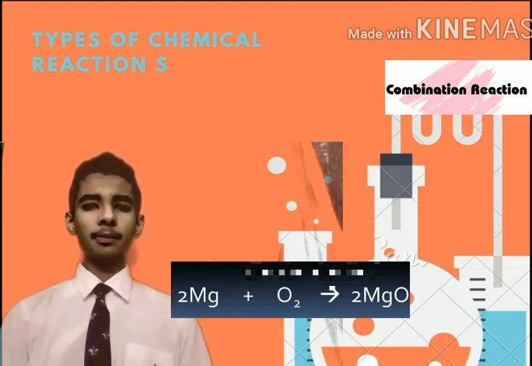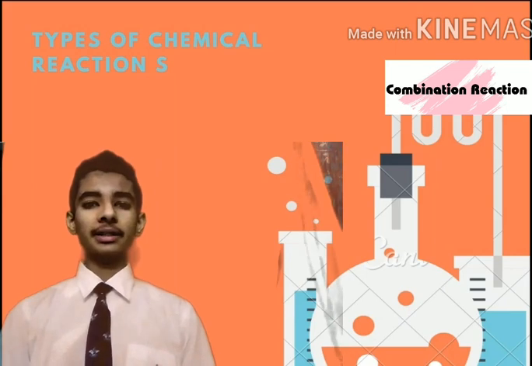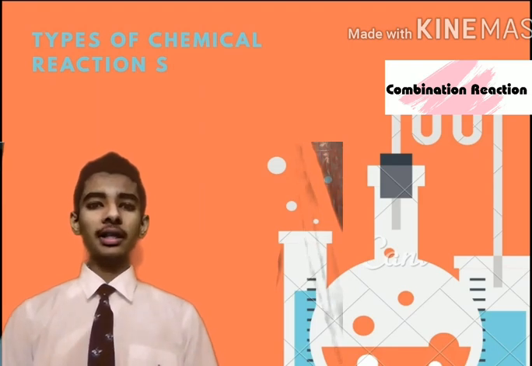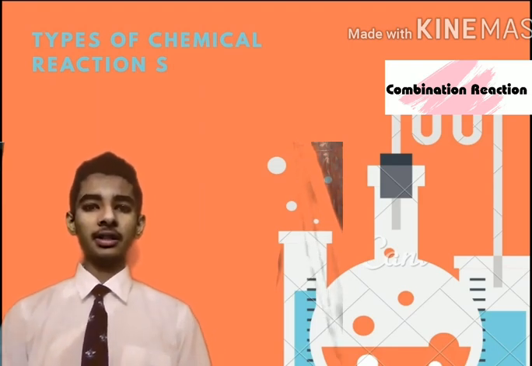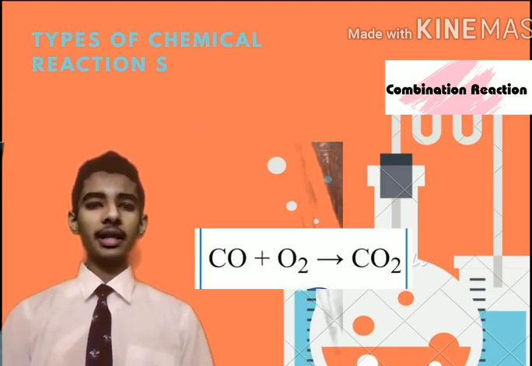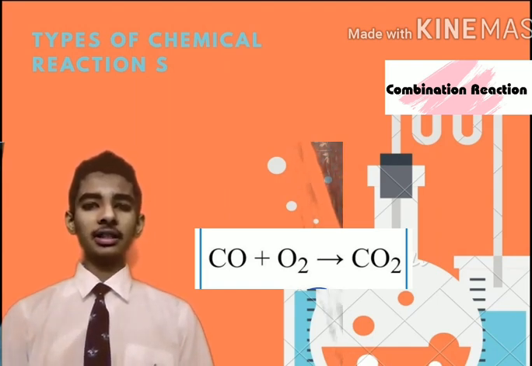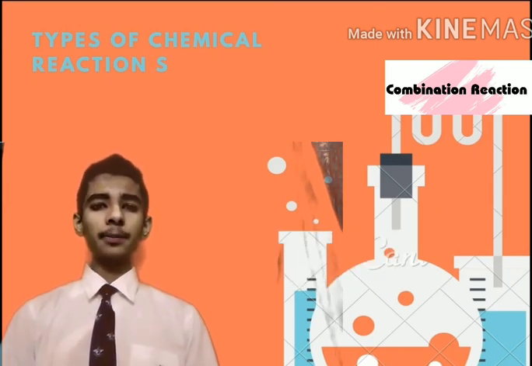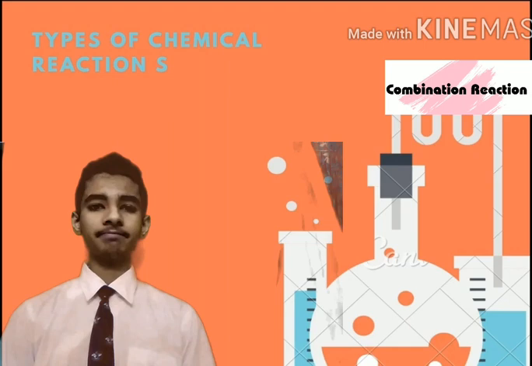In the discussed examples, we found that all the reactants were elements, but reactants can also be compounds. Let's take an example. CO, carbon monoxide, a compound, reacts with oxygen and gives us CO2, carbon dioxide. The key point in combination reaction is that two or more reactants give one product.